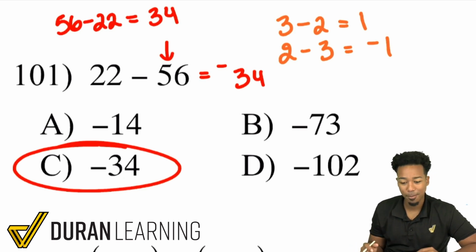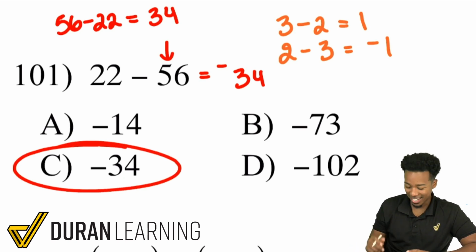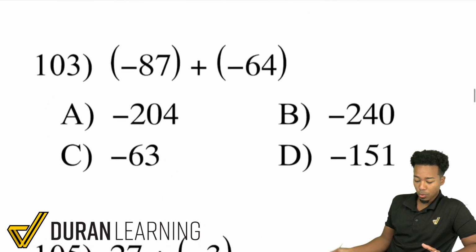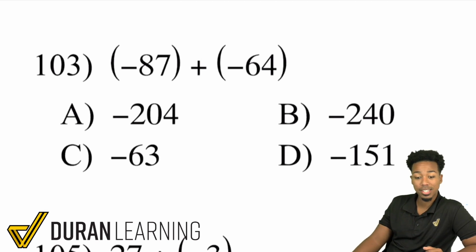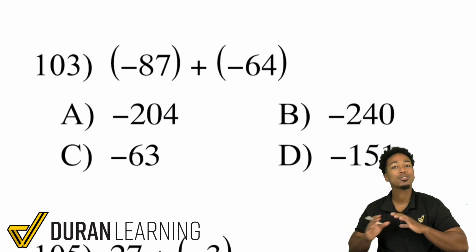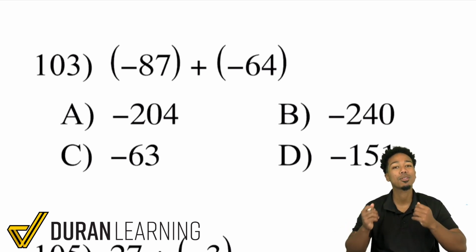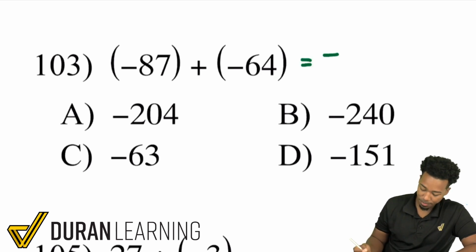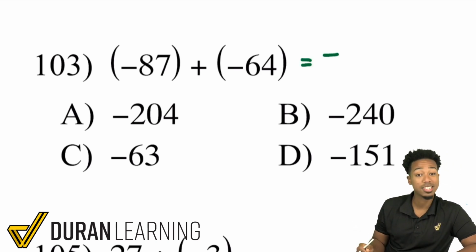Let's take a look at a handful more examples, and then I'm going to call it and let you keep practicing, my party people. Let's take a look at 103. So we have negative 87 plus negative 64. You have a negative and a negative being added. You're getting more negative. So just add the numbers and keep the result negative. So again, I know my answer is going to be negative, and so all I'm going to do is just add 87 and 64.